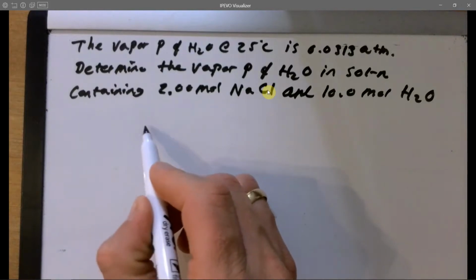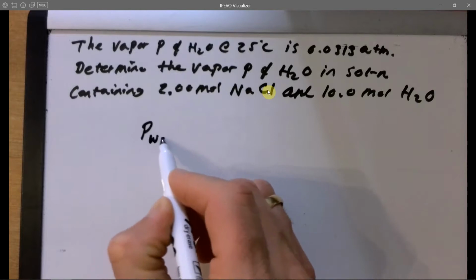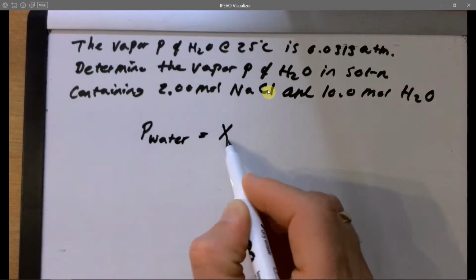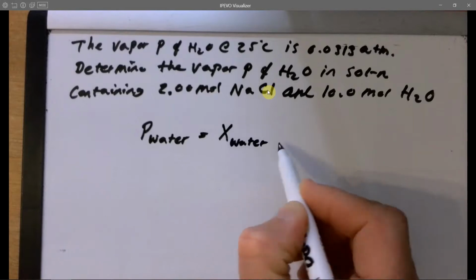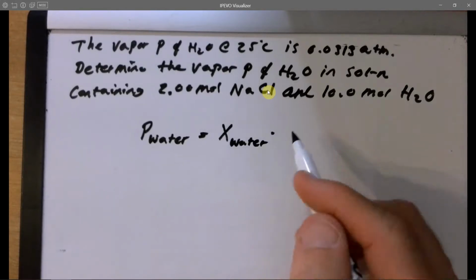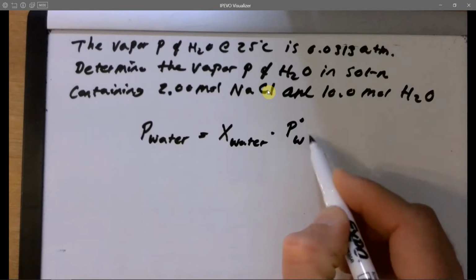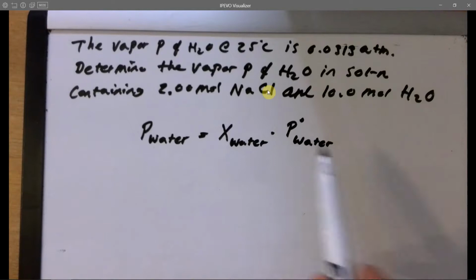Whenever you see vapor pressure being reduced, it's Raoult's Law. So the pressure of water in a solution is going to equal the X of the solvent, times the vapor pressure of pure water, and this little o at the top means that it's pure. Okay, so now you can kind of see it in action.